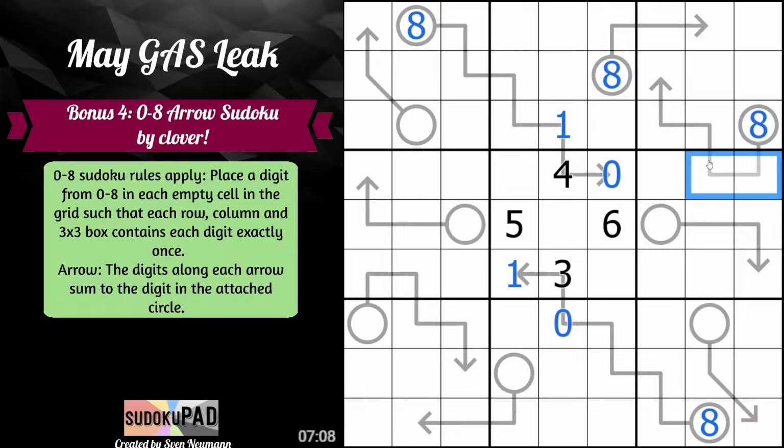What that does for us is, well, it places 3, so let's do that. Thing is, this is a little bit different.